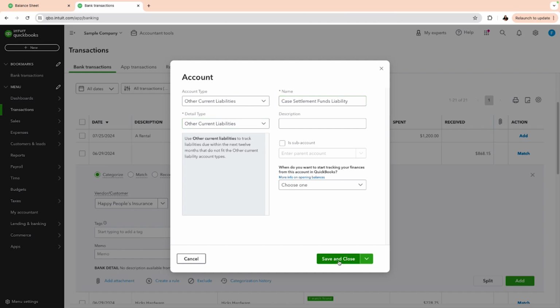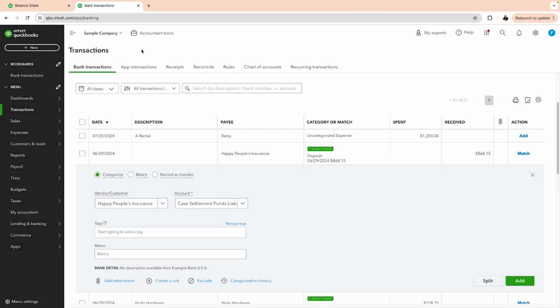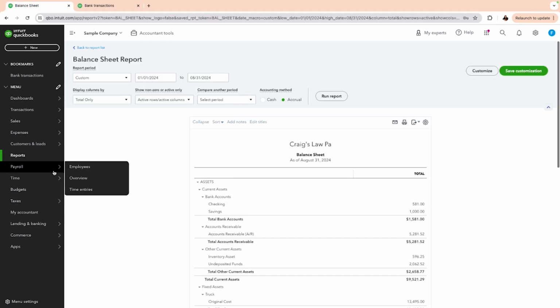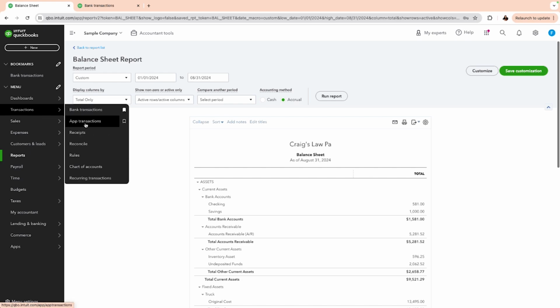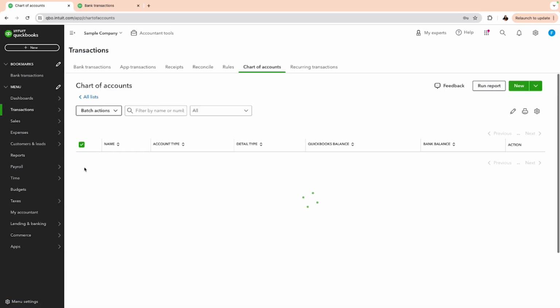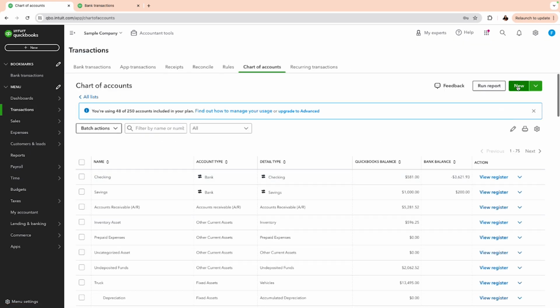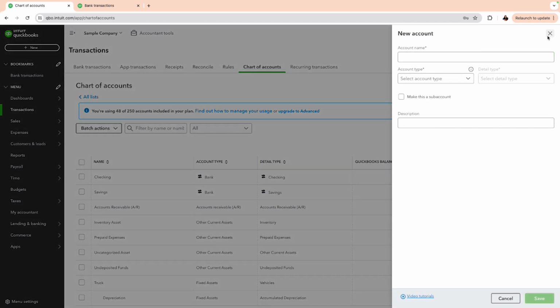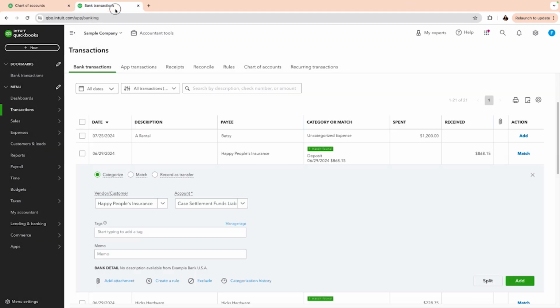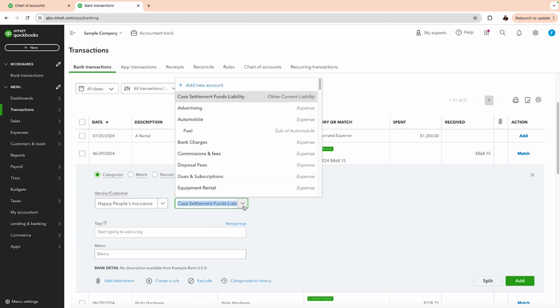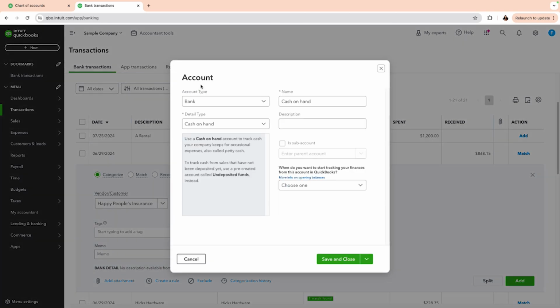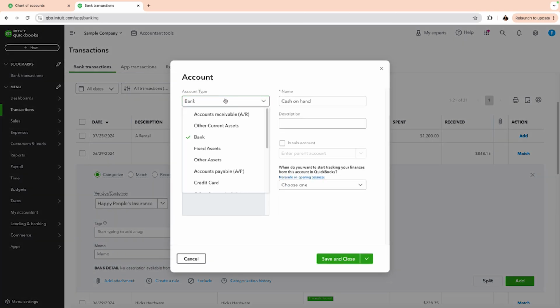Okay, so this is the parent account, and I'm creating from here, but you can create from the chart of accounts, and just click on new and create all the accounts from there. But I'm just creating right from here because I think it's easier sometimes. Okay, this is not the right account, so I'm not gonna put this one because I'm gonna break it down by customer as well, so I know exactly what the fund is for each case.